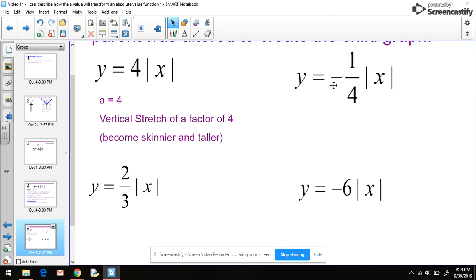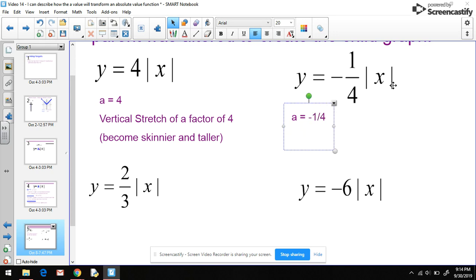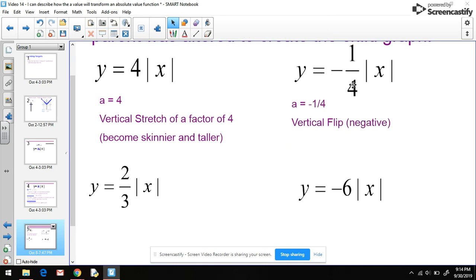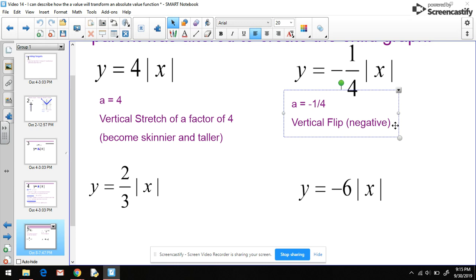Then if I look at the second example, y equals negative 1/4 times the absolute value of x. Here I see an a value of negative 1/4. So the first thing I notice is that a is negative. So we're going to have a vertical flip because of that negative value. And then if I look at the 1/4 piece, whether it's positive or negative, positive 1/4 is between 0 and 1, and negative 1/4 is between 0 and negative 1.